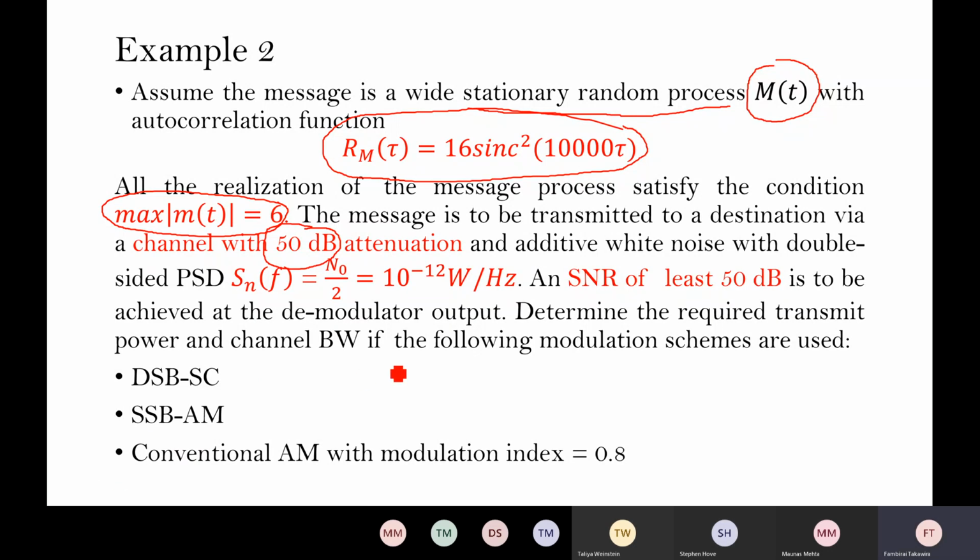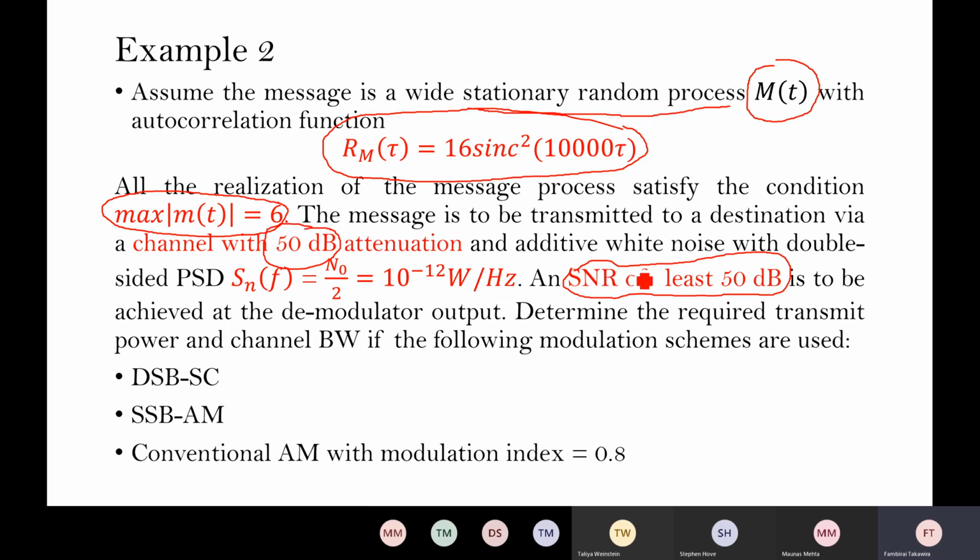And then lastly, we are told that at the receiver, we need to achieve a signal-to-noise ratio of 50 dB. So this is the signal-to-noise ratio at the output.